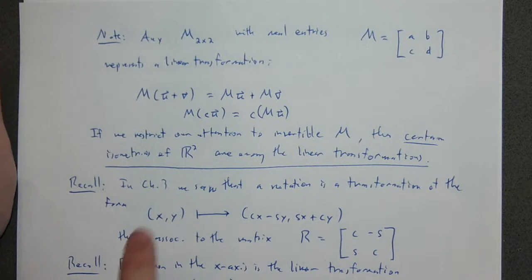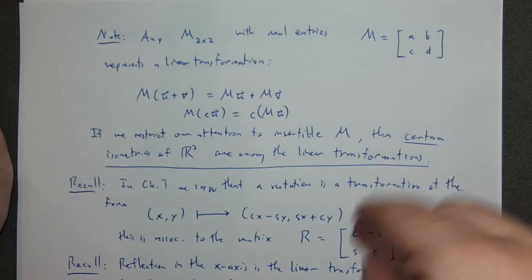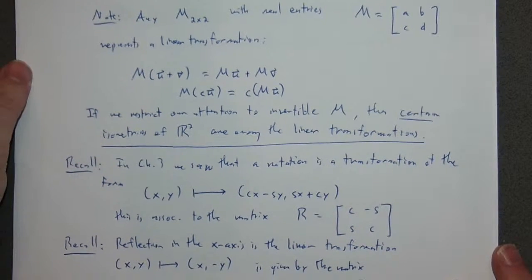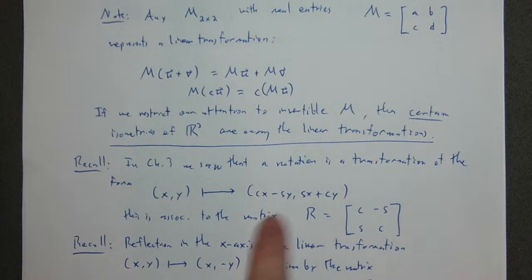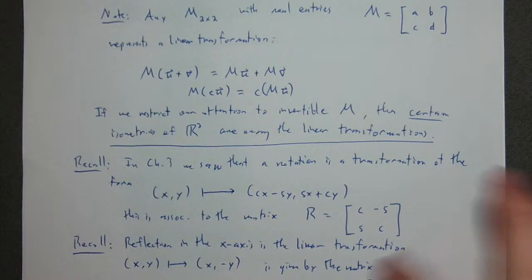So one is the following. Multiplying a point xy, where I think of xy as a column vector, by this matrix, for appropriately chosen real numbers c and s, yields rotation. In fact, any rotation through the origin can be done in this way. So rotation is not a problem here.